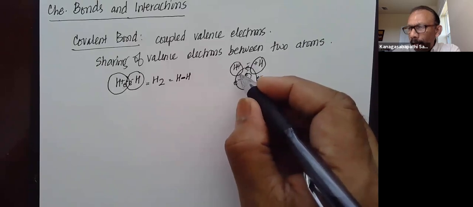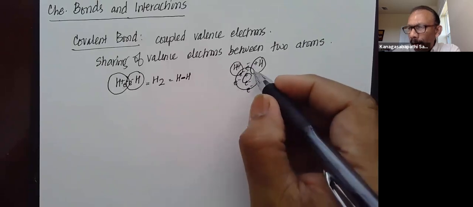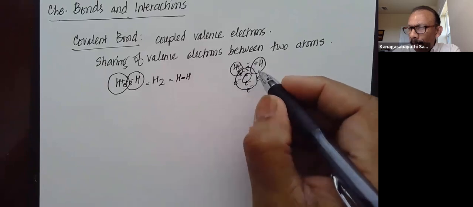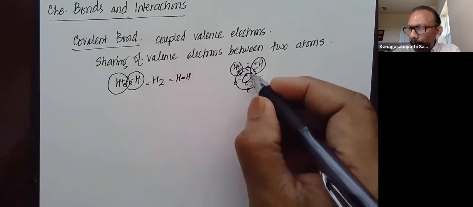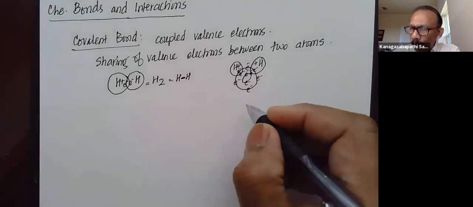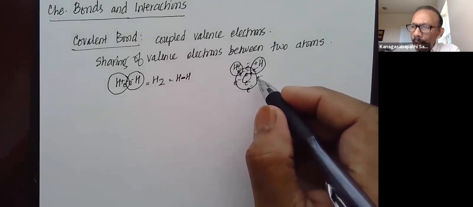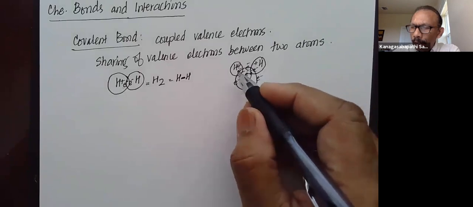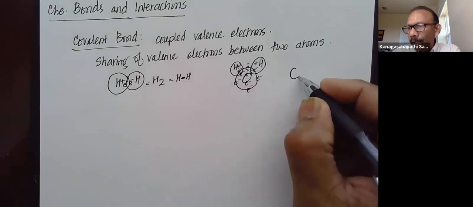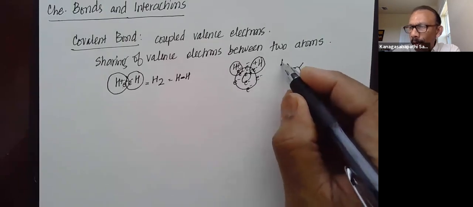In addition, they share a pair of electrons in the valence shell with the hydrogens.